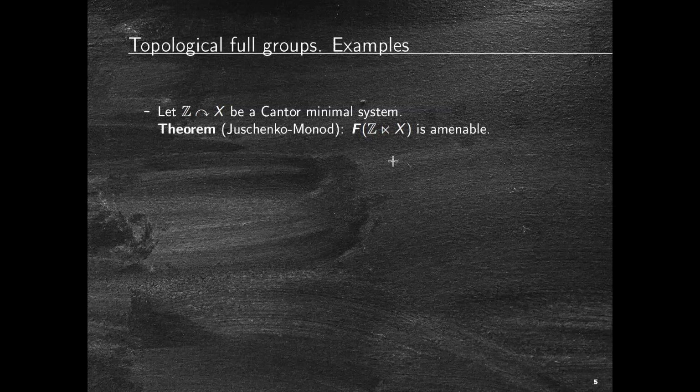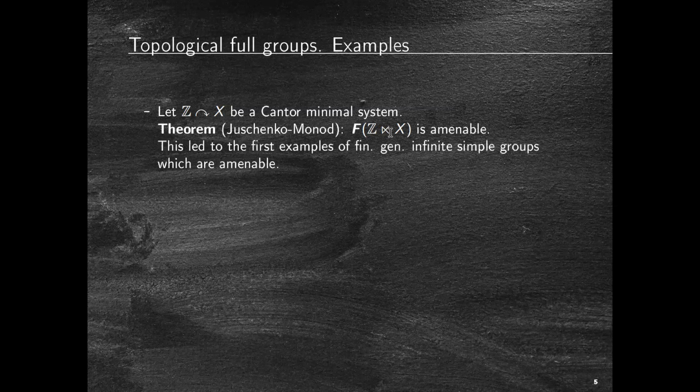It's an important notion, and the interest behind this result was that it led to the first examples of finitely generated infinite simple groups which are amenable. That was an outstanding open question, whether such groups exist with this combination of properties, and Juschenko and Monod were the first to construct these examples.